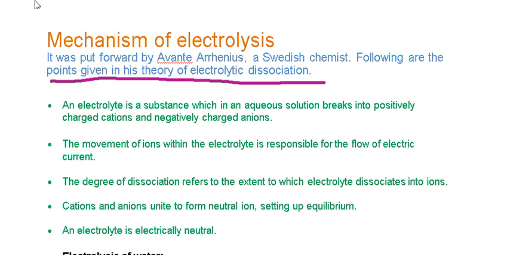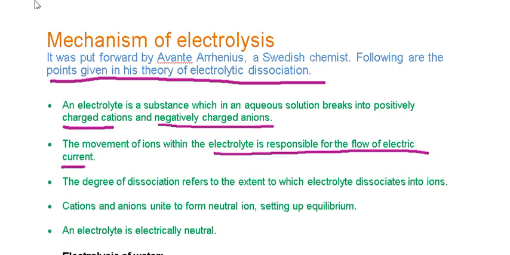First, an electrolyte is a substance which in an aqueous solution breaks into positively charged cations and negatively charged anions. The movement of ions within the electrolyte is responsible for the flow of electric current.